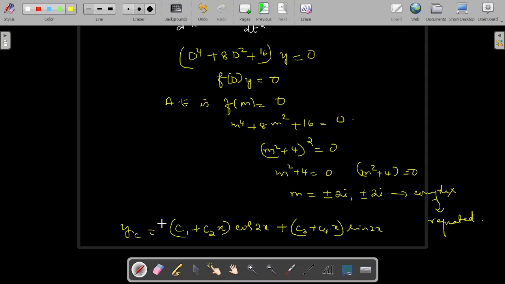E to the power you don't want here, because it is 0 plus 2i, the real part is 0, e power 0x is 1. Then you have c1 cos of beta x plus c2 sine of beta x. As it is repeated, the positive root 2i is repeated twice, the negative root is repeated twice. So c1 plus c2x cos 2x plus c3 plus c4x into sine 2x. This is how to write the complementary function.